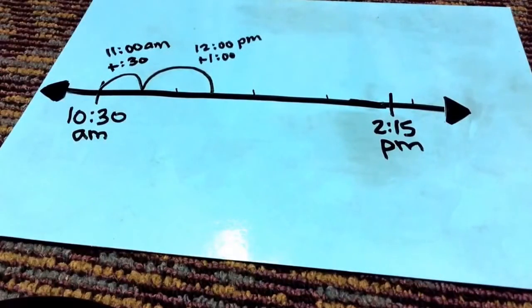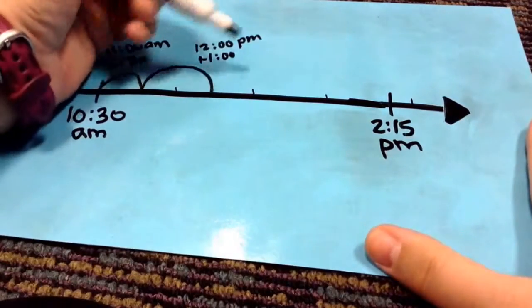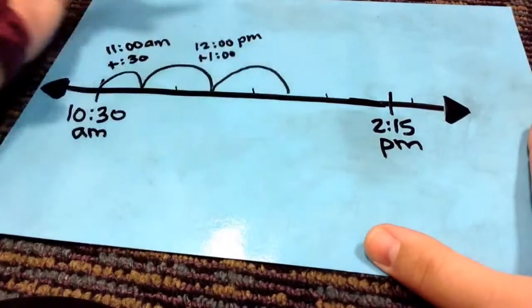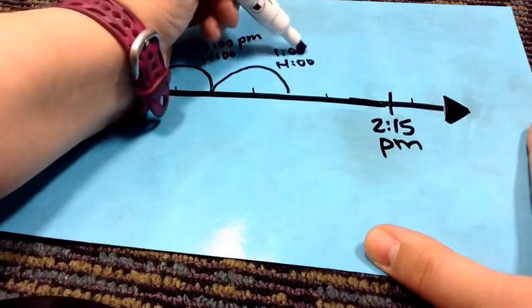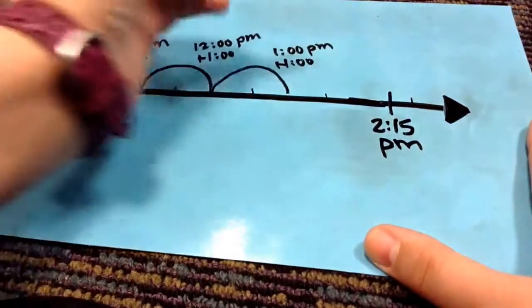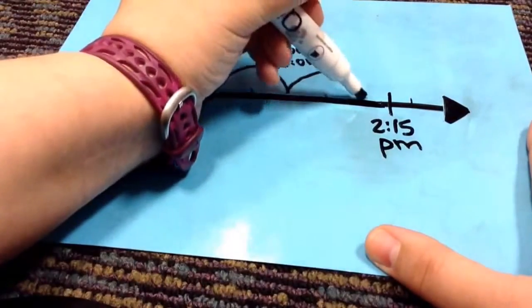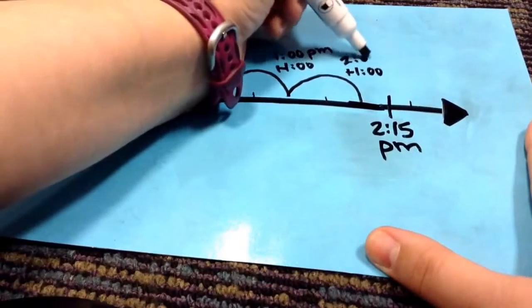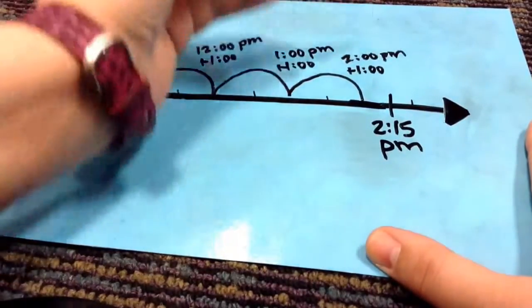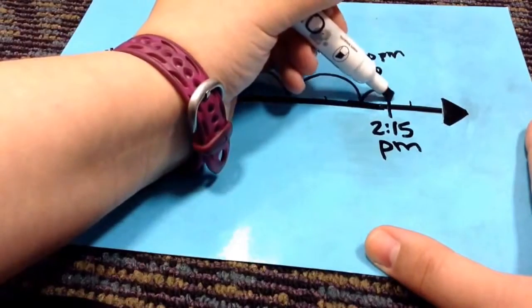So as we're transitioning into p.m. on the next jump, it's important to remember that after 12 p.m. comes 1 p.m. Because of the base 60 system, we don't go to 13, we go to 1 p.m. So we'll take another hour jump, and we'll get to 1 p.m. And then we'll take another hour jump, which will take us to 2 p.m. And finally, we just have a small 15-minute jump.